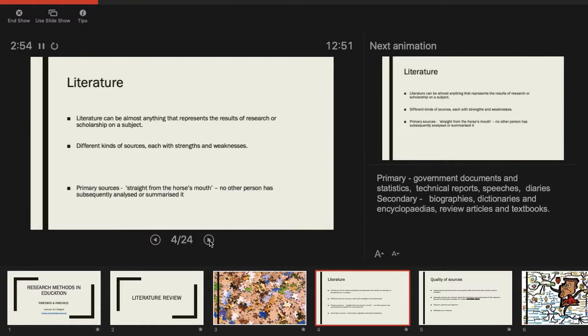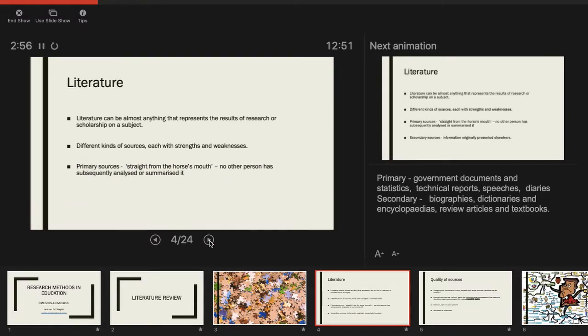When we're looking at primary sources, we know that that's information that has come directly from an individual or particular party. So we refer to it, as the old saying goes, as straight from the horse's mouth. It hasn't been analyzed or summarized by anyone else but the original source.